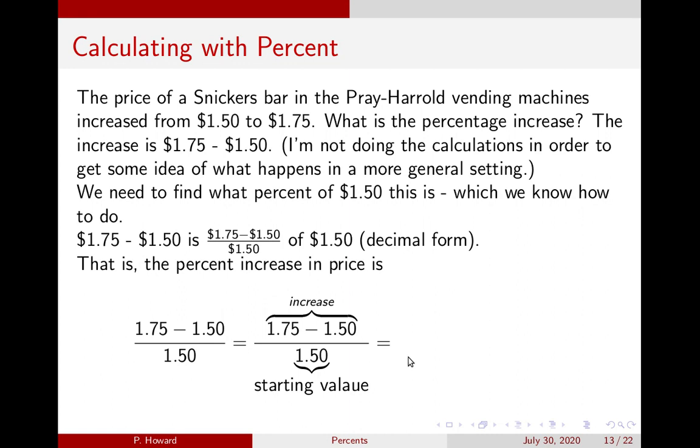And now we will do the calculations. The increase in price was 25 cents. We're dividing that by the starting price, $1.50. I get 0.167, doing a little rounding on my calculator, and changing to a percent gives me 16.7%.